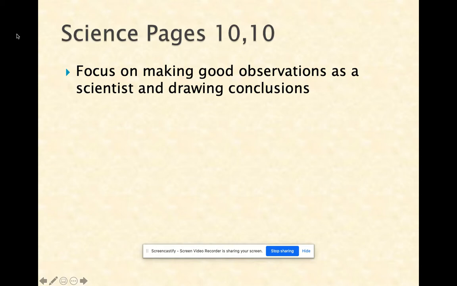So if we look at the question on page 10 where it says analyze, the scientist below is observing a sea turtle. What problem might the scientist define, and how might she find some answers to her problem?